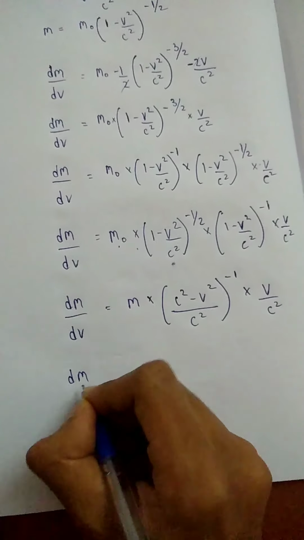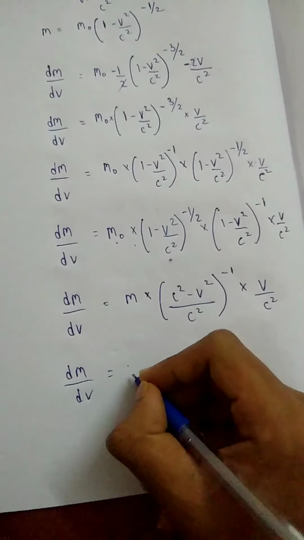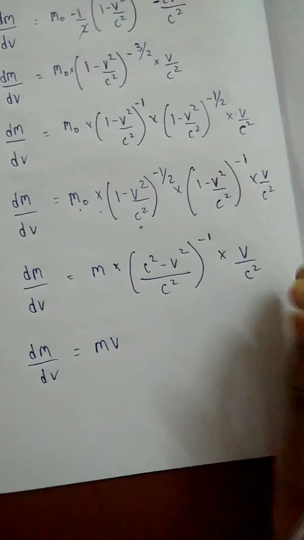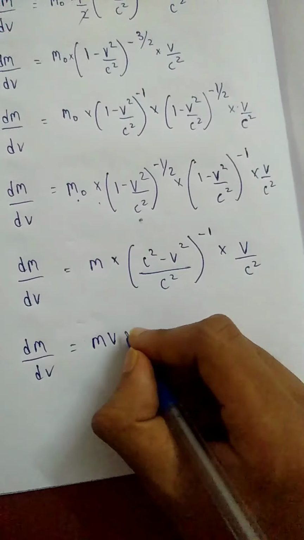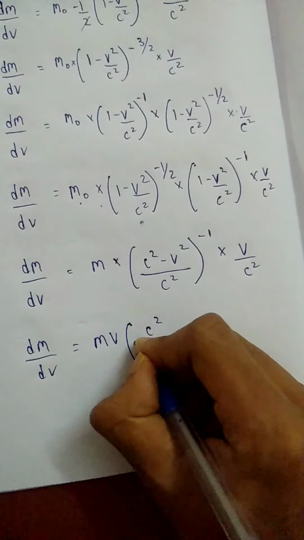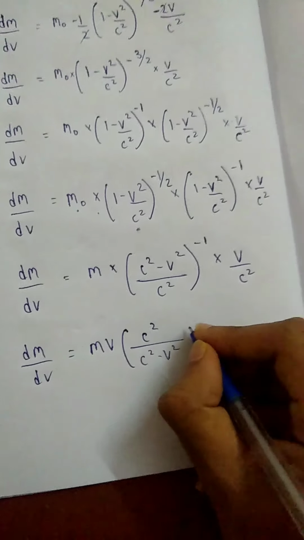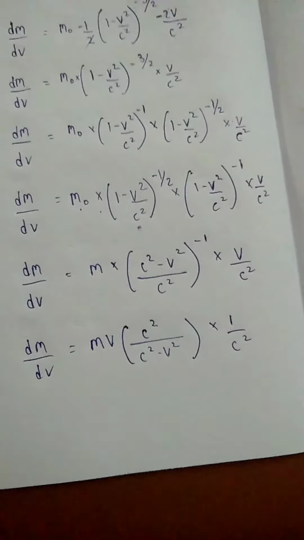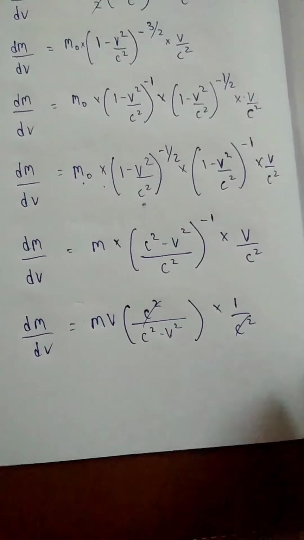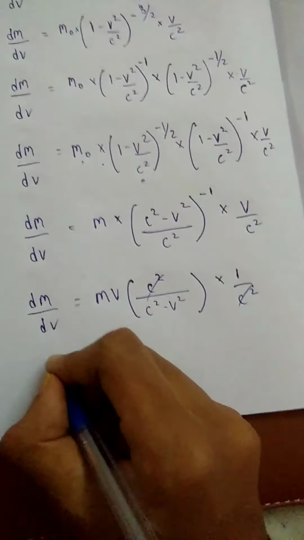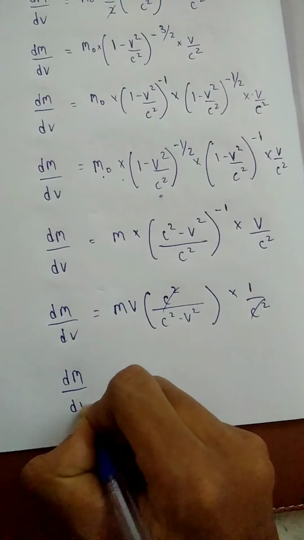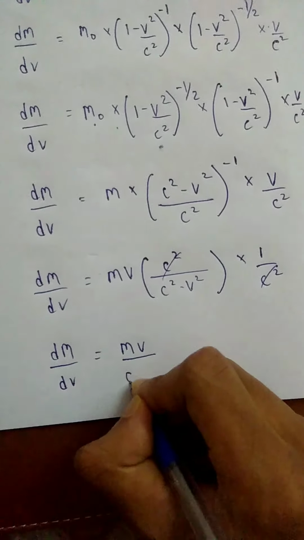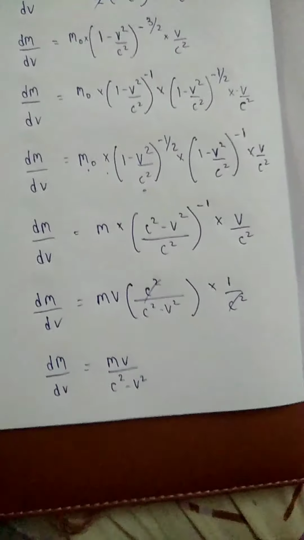So next dm by dv equals, bringing this m v, and they become reciprocal, 1 by (c square minus v square) into 1 by c square. We can simply cancel out these two terms. So finally what we are getting here is dm by dv equal to mv by (c square minus v square).